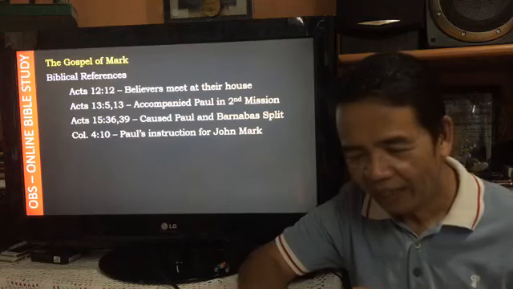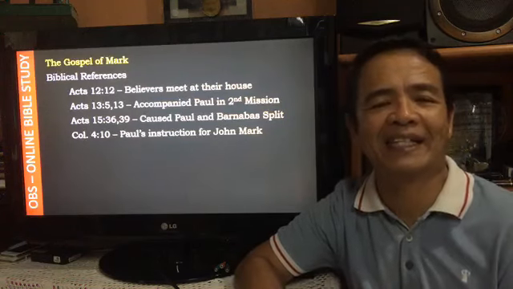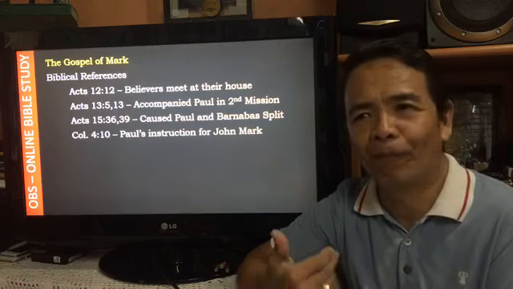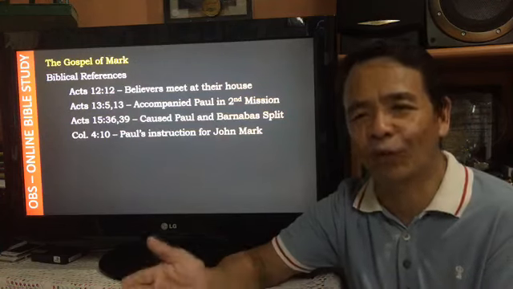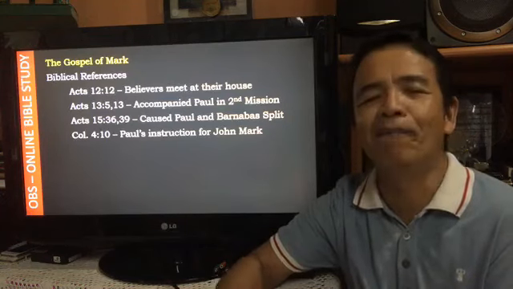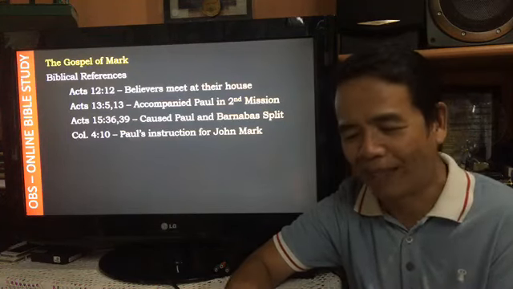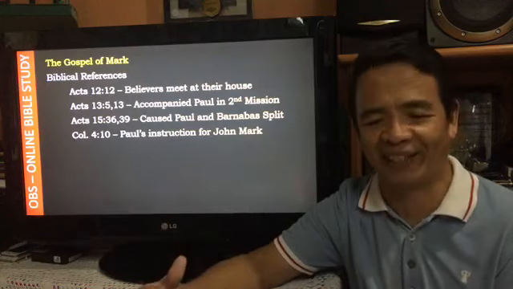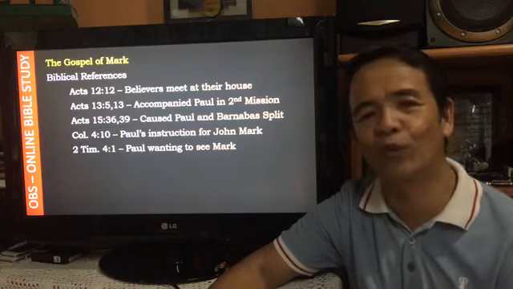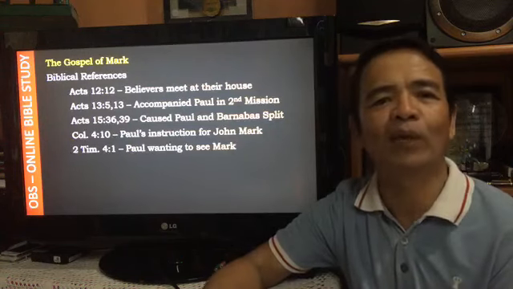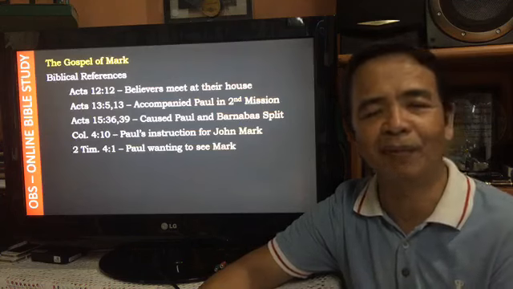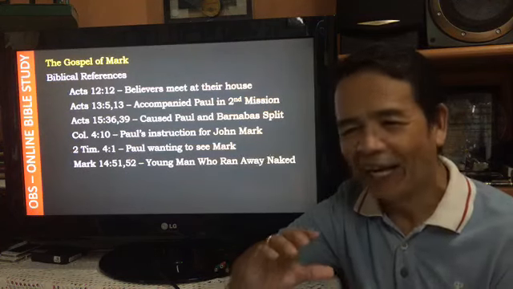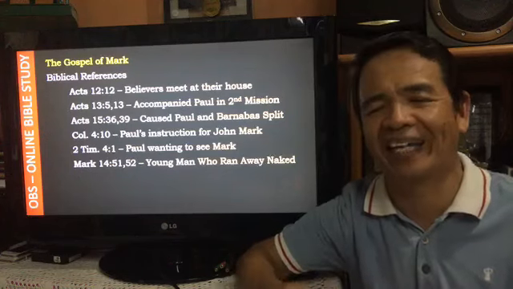Okay? In Colossians chapter 4 verse 10, it seems like Paul now is making amends, or making peace with Mark, I should say. So he instructed them to bring John Mark. And then in 2 Timothy chapter 4, Paul now wants to see John Mark. And in Mark chapter 14 verses 51 to 52, this must be part of that.